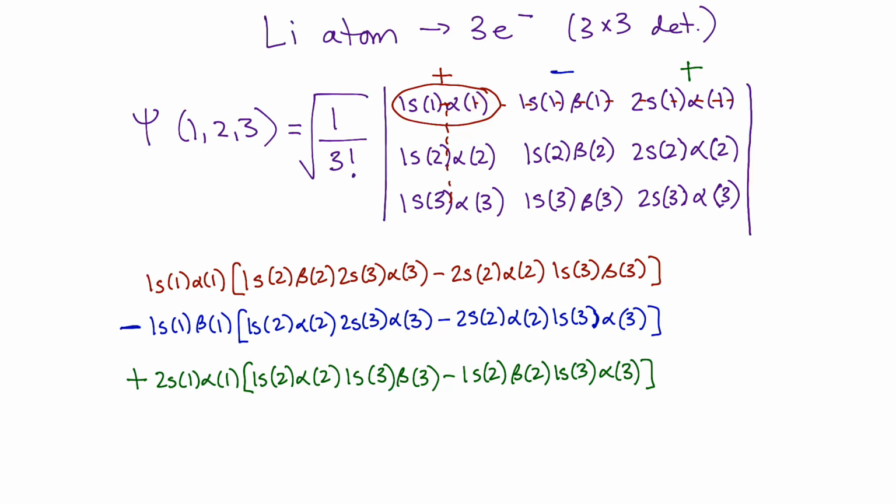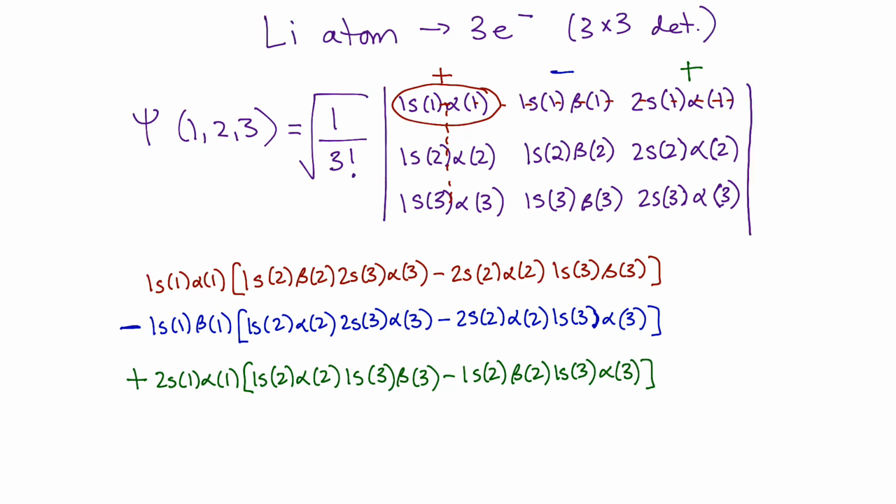Okay, so this comes out front here, and then we're going to multiply by what's left over after we cross out the row and column corresponding to that. Okay, so we have our term here, and then this whole thing here is the result of essentially evaluating this 2x2 determinant.